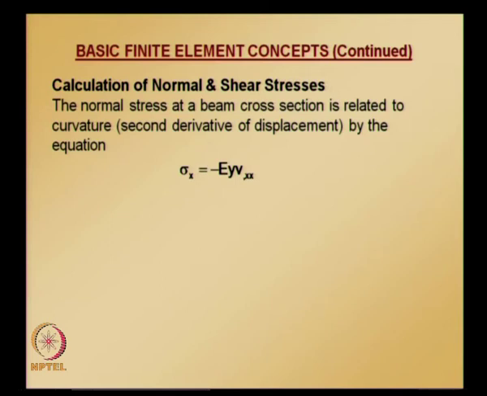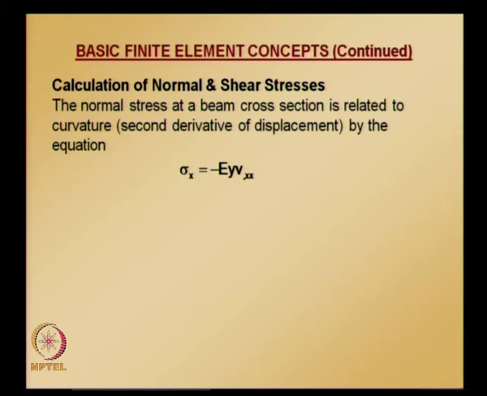and that is how we got this equation. Normal stress at a beam cross section is related to the curvature by sigma x equal to minus E times y times the second derivative, where E is Young's modulus and y is the distance from the neutral axis to the location where you want to calculate the stress. And we also know the relationship between bending moment and curvature, M is equal to E I times the second derivative of transverse displacement with respect to x.